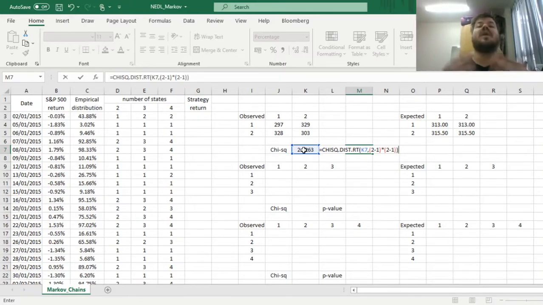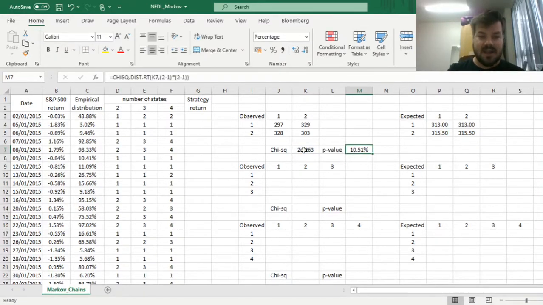It will give us 1 degree of freedom in the end. So we enforce this formula and we can see that our p-value is 10.51%, which is alarmingly low, but not low enough to reject the null hypothesis that the market is indeed efficient and that the transitions from one state into the other are random.